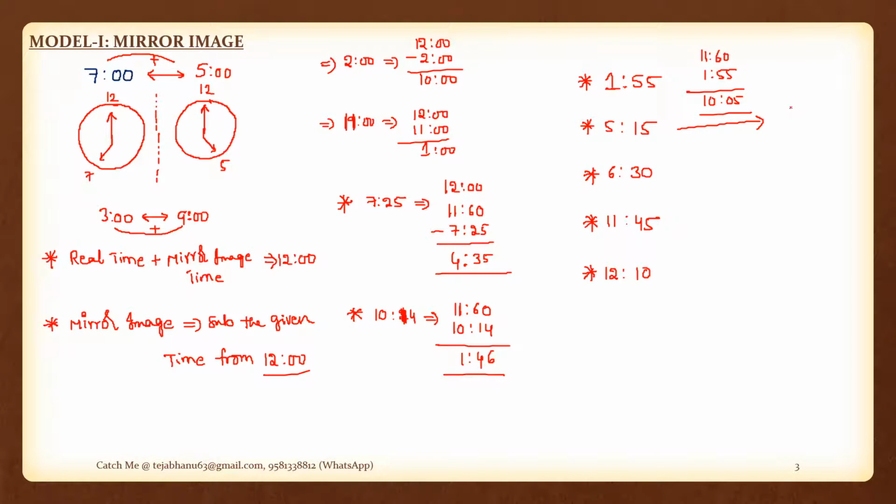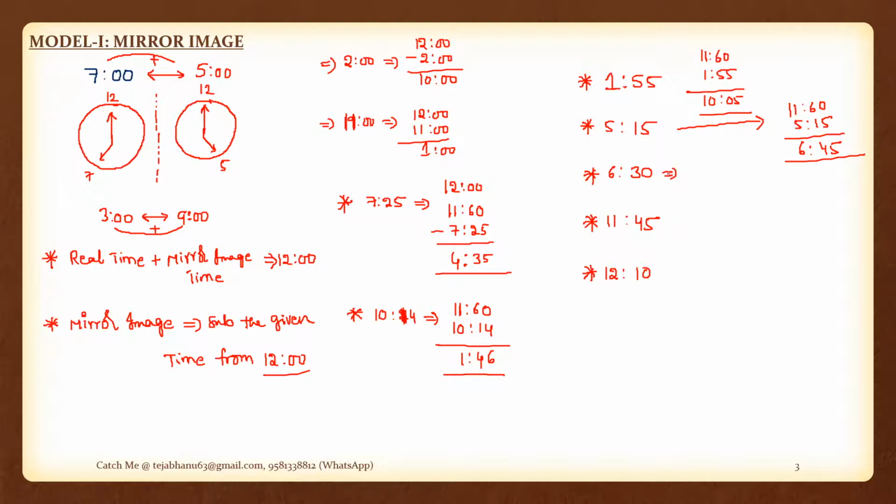From 11 hours 60, if you subtract, see, 60 minus 15, it is 45. 11 minus 5, it is 6. 6:45 is the answer.